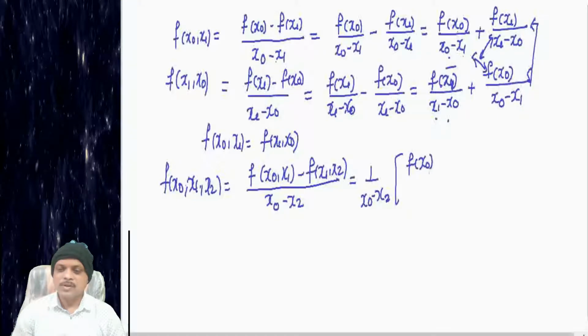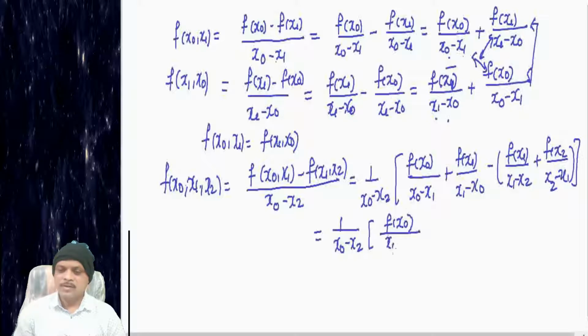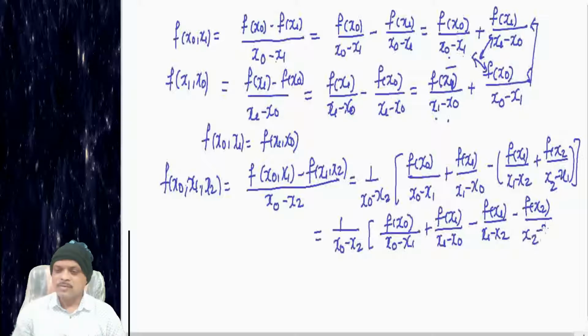This is f of x0 divided by x0 minus x1 plus f of x1 divided by x1 minus x0, minus, in bracket, f of x1 divided by x1 minus x2 plus f of x2 divided by x2 minus x1.